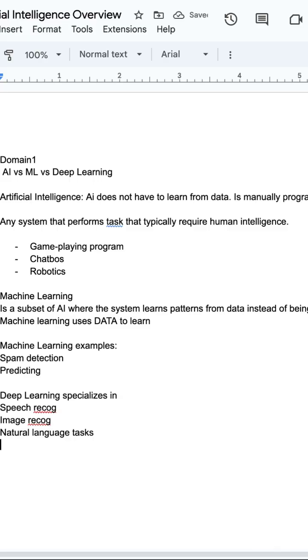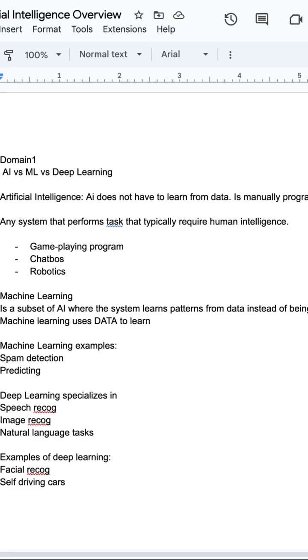Some examples of deep learning would be facial recognition and self-driving cars. When you ask ChatGPT a question, it breaks down what you're trying to accomplish. It breaks down each word.